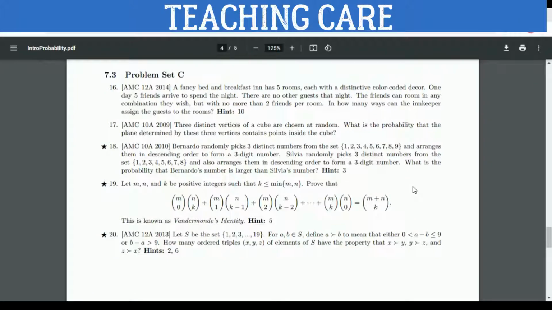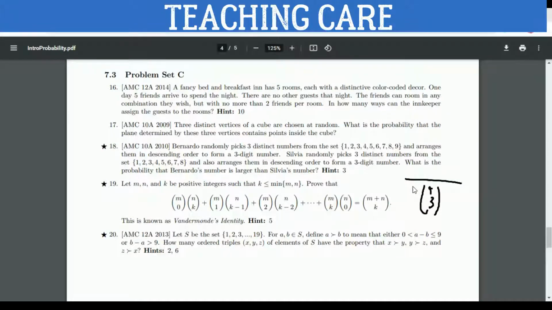I don't understand. What's the probability that he picks a 9? You take it as two cases: he picks 9, and he doesn't pick 9. Then you can add up the two cases and get the answer. 9 choose 3, and then out of that, he doesn't want.